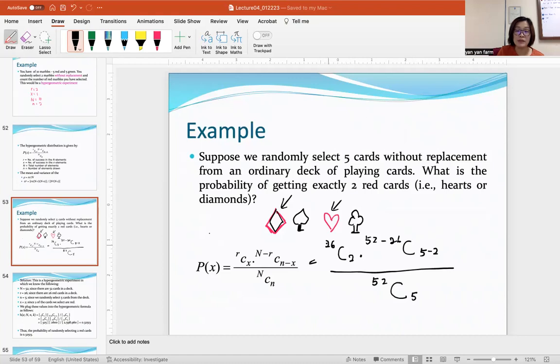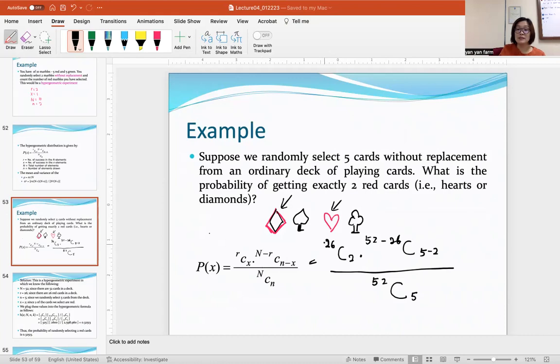Basically, from the 26 red cards, I select 2. From the non-red cards, I select the rest, which is 5 minus 2, because you have 5 in total, over 52. Among 52 cards, you select 5 cards. Isn't that simple? The formula looks complicated, but when you try to understand it, it's quite simple.